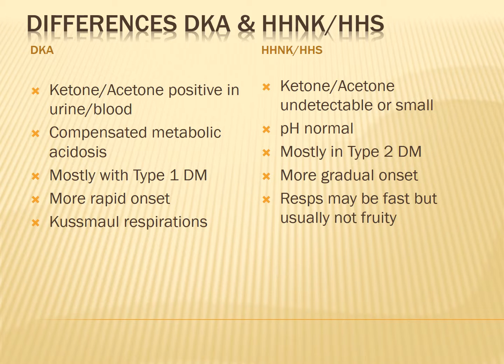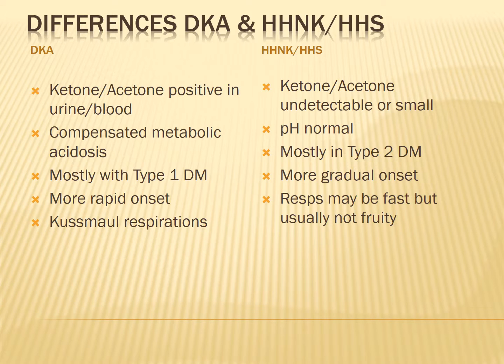We have a decreased bicarb and CO2, which is in an attempt to compensate for that. So this is a compensated metabolic acidosis. We see it mostly in type 1 diabetes, DKA type 1. It has a much more rapid onset than the other, and this is where we see the Kussmaul's breathing, which is the hyperventilation with the fruity breath.